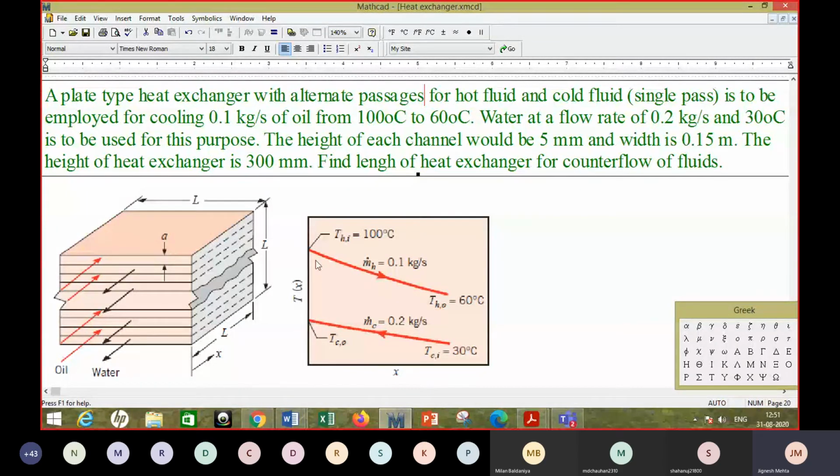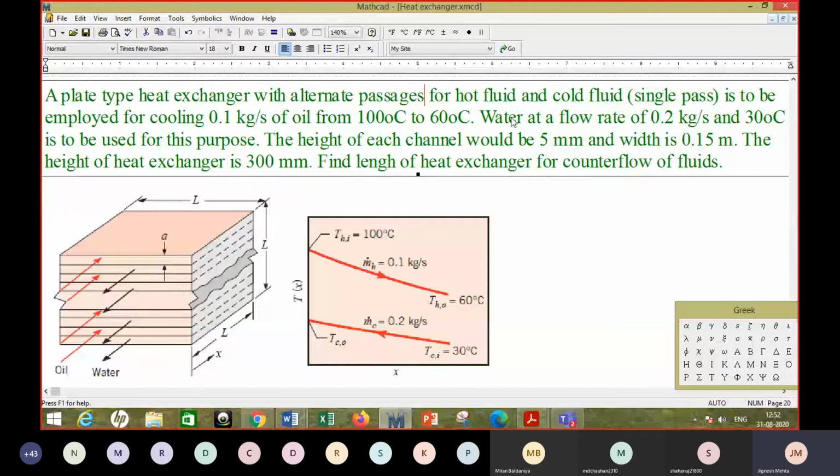Water will also enter from one channel, and if both of them have two passes, then water may enter from half the channels on the top side from the right hand side, take a turn and come out from the right hand side bottom, while oil may enter from the front side, half the number of channels, and then take a U-turn and come back from the bottom half of the heat exchanger.